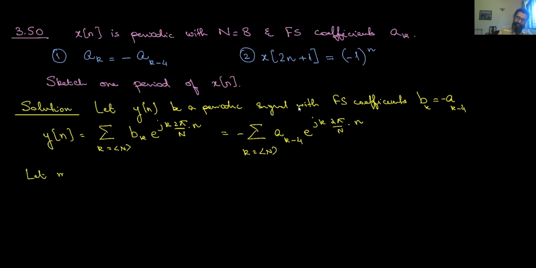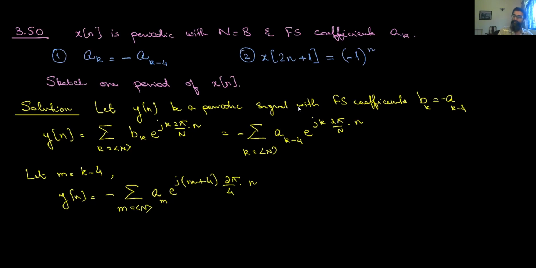Let m equals k minus 4, and this would mean that y of n is minus the summation of a_m e raised to the power j (m plus 4) 2 pi divided by 8 times n, and this will still stay over one period, right? Because if I'm summing over one period, and I shift that by a constant amount, that summation will still be over one period. So it stays the same.